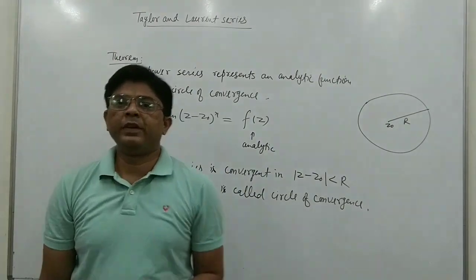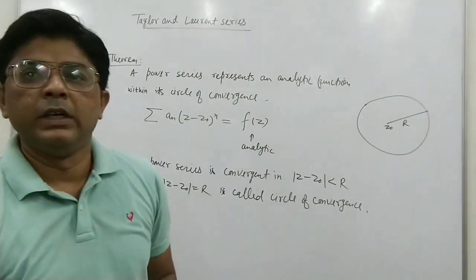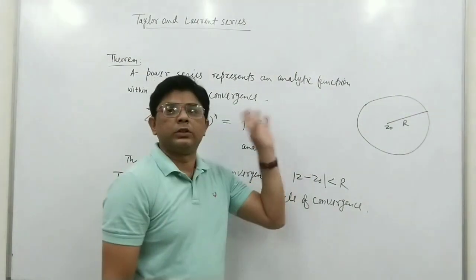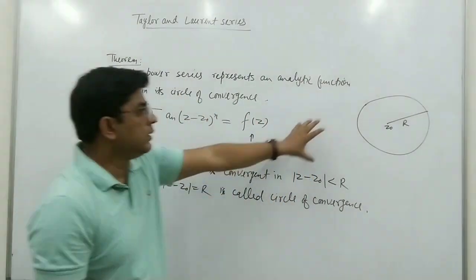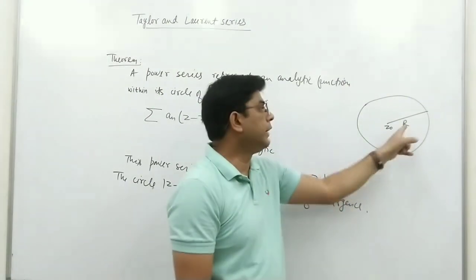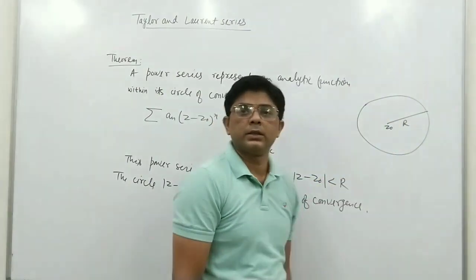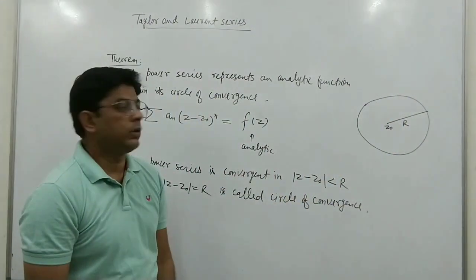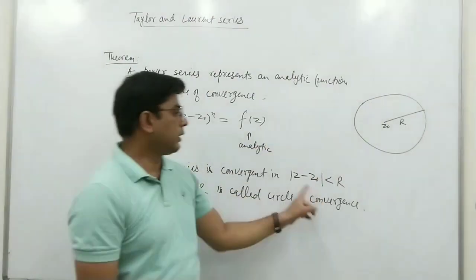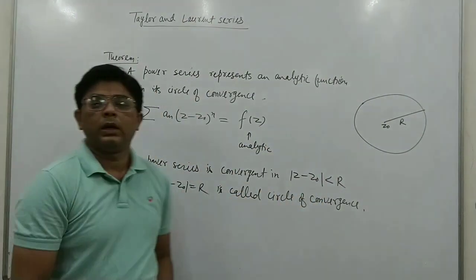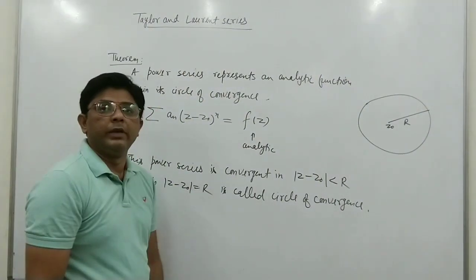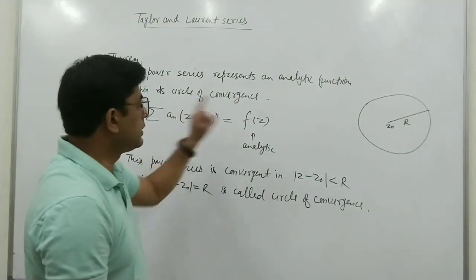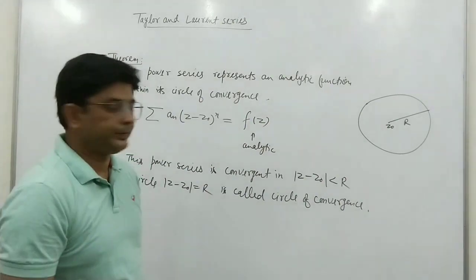So if we have a power series and the radius of that power series, the power series represents an analytic function in the circle of convergence. Suppose the radius is r and the center is z0; then it is analytic in mod z minus z0 less than r. This is a very important result. By this result, we can always represent a power series by an analytic function.